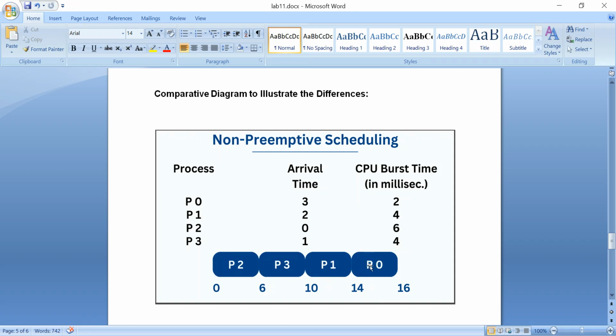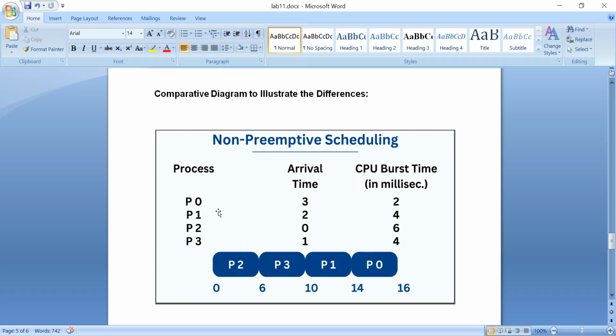So process 0 has to wait 16 seconds to finish its process, because all the other processes are in the queue. They finish first, and then process 0 has a turn to complete its process. So in that case, process 0 has to wait 16 seconds to complete the entire process in non-preemptive scheduling.